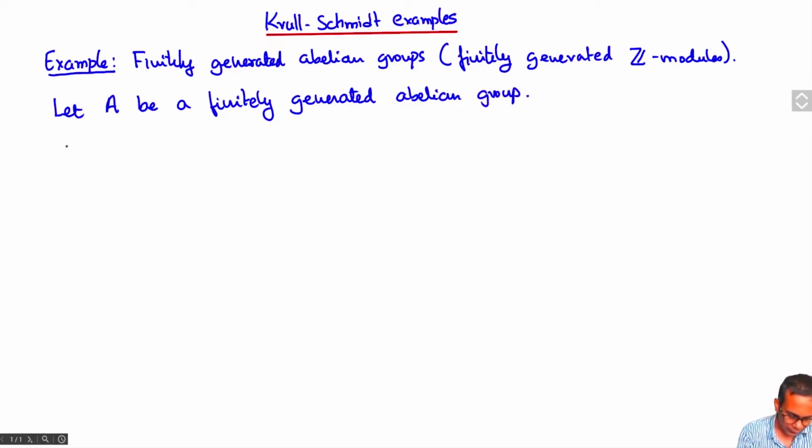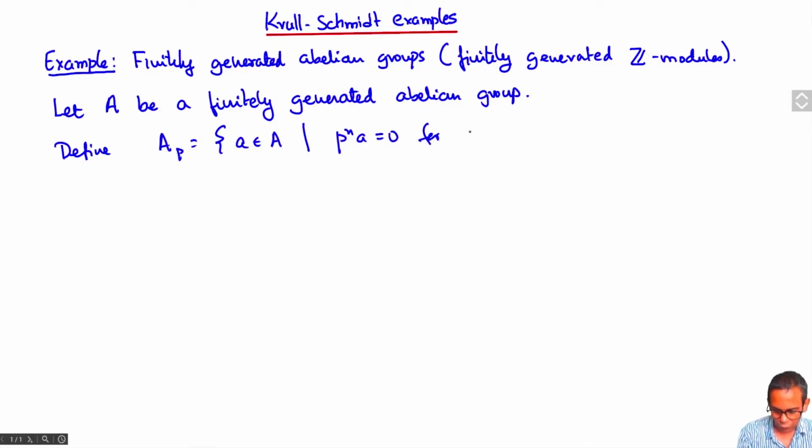Then define its P primary part to be those elements a in A such that p to the n a is 0 for some n greater than or equal to 0, for a fixed prime P. So for each prime P you make this definition.